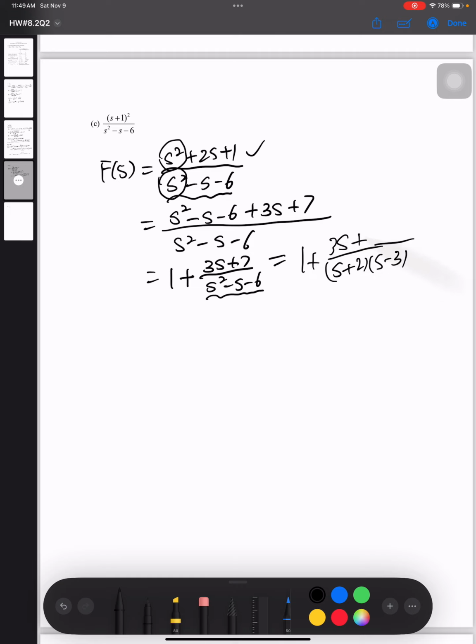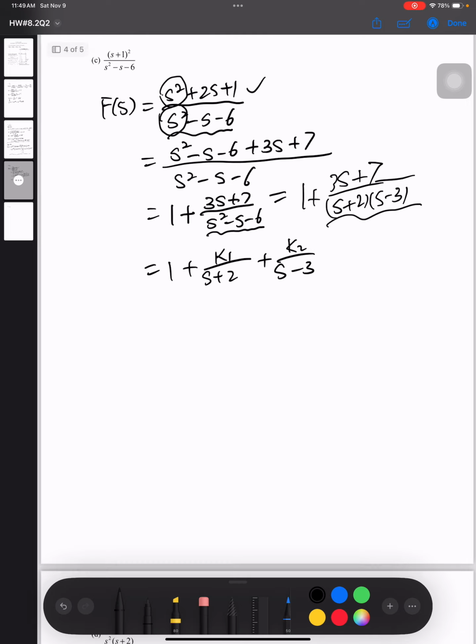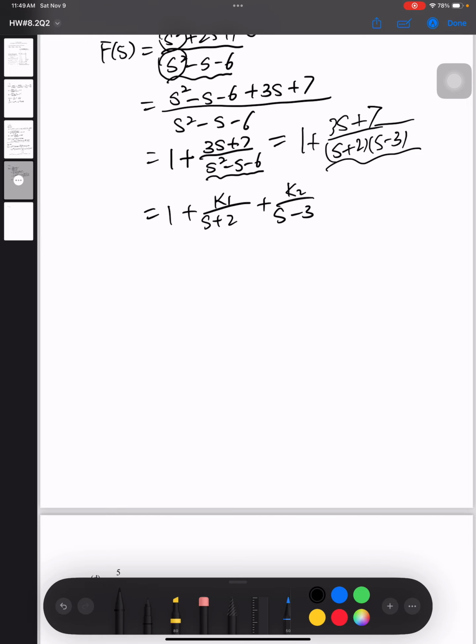We can see this part is actually similar to question 1, so we just do the same steps. We write k1 over s plus 2 plus k2 over s minus 3, and we use the cover-up method to find the k1 value, which is 3s plus 7 over s plus 2 times s minus 3.